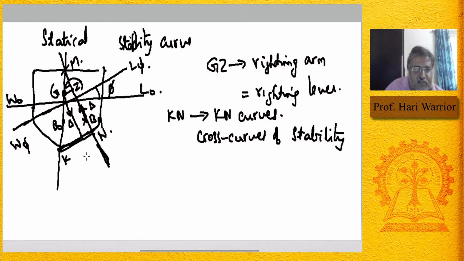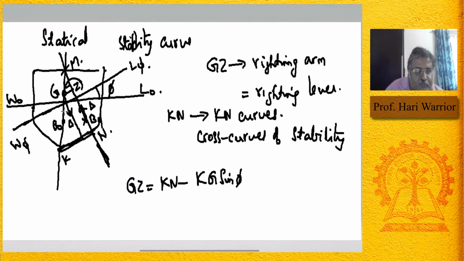So you can see a couple of things easily from here. You can see that GZ is equal to KN minus KG sine phi. This KN is equal to GZ plus this distance, and this distance is equal to KG sine phi.